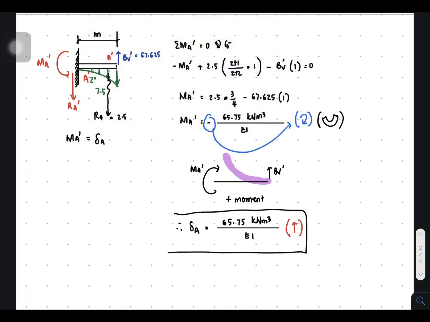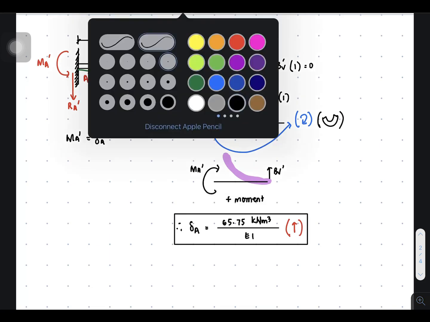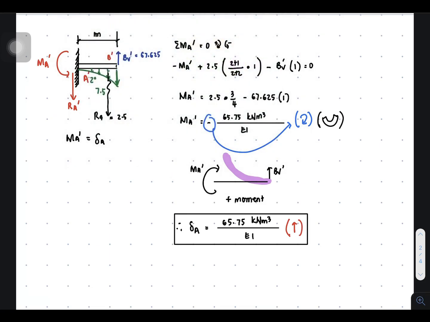So there, this is our deflection at the free end.